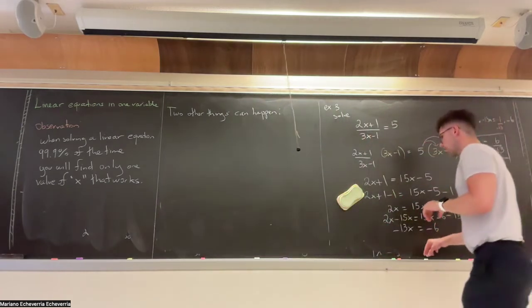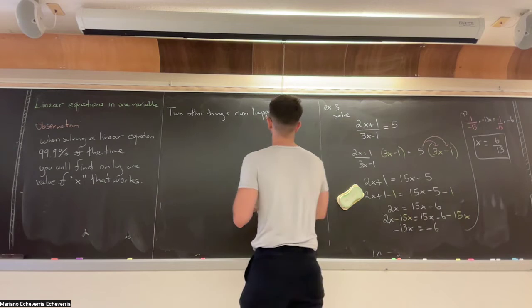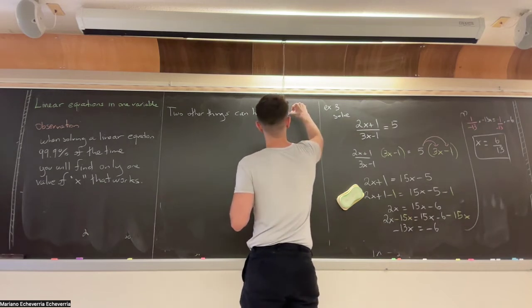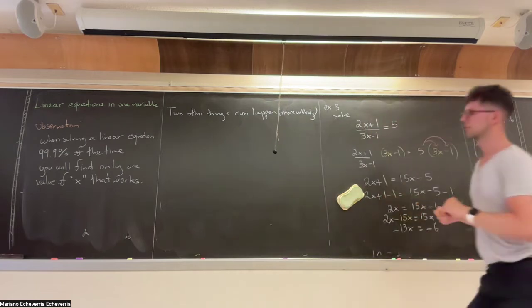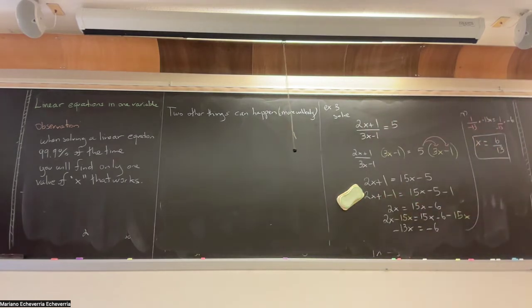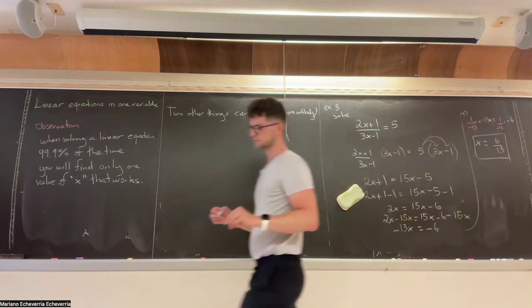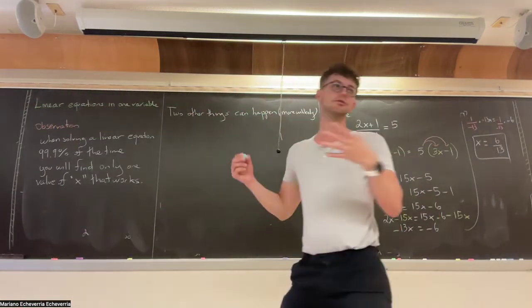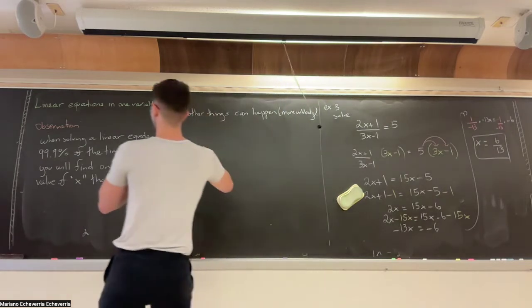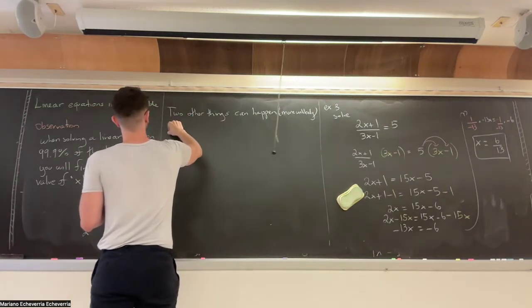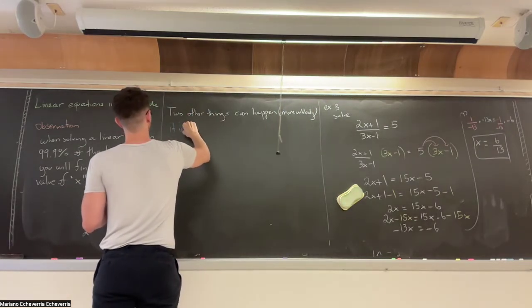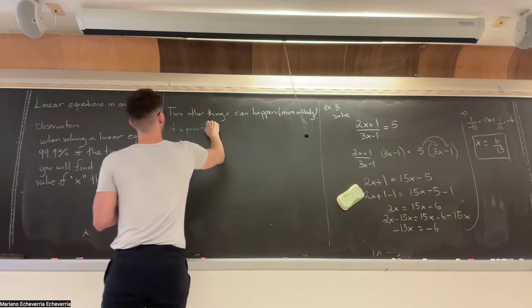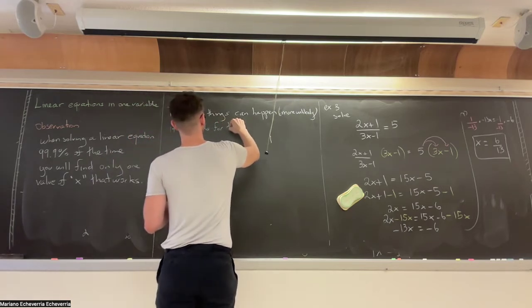The first one is that there could be no solution. It is possible for there to be no solution.